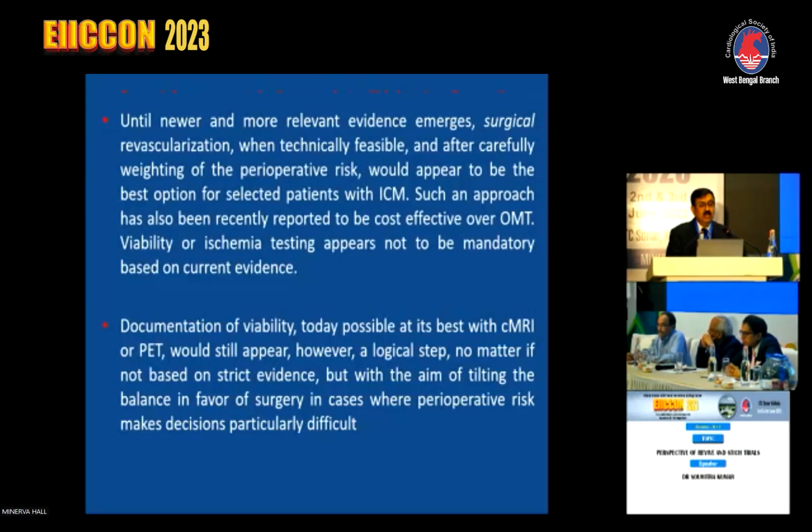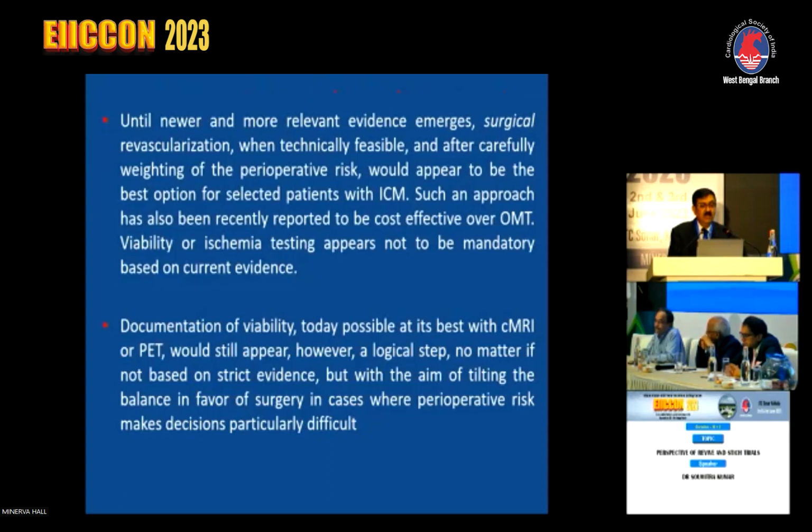So the concluding remarks: until newer and more relevant evidence emerges, surgical revascularization, when technically feasible, after carefully weighing the perioperative risk, would appear to be the best option for selected patients with ischemic cardiomyopathy. Such an approach has also been reported to be cost-effective over OMT.